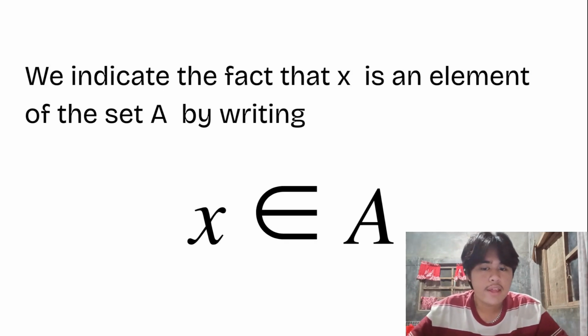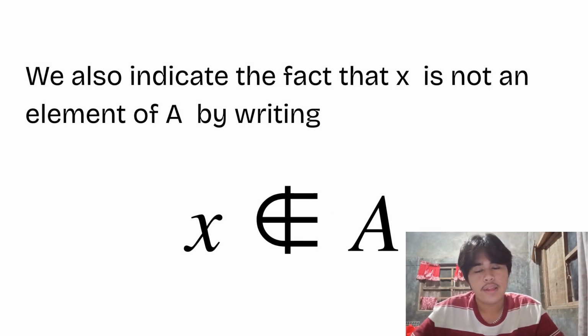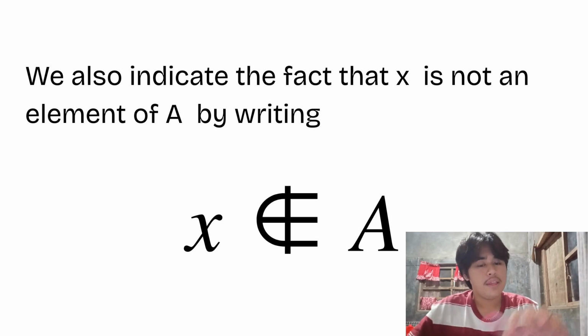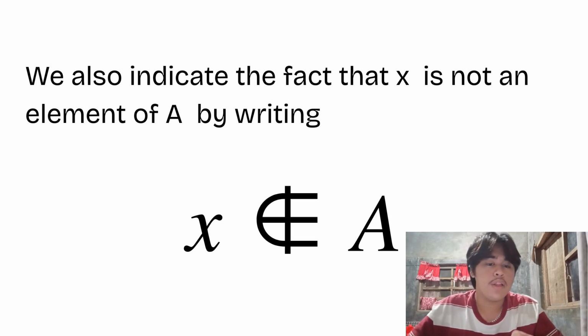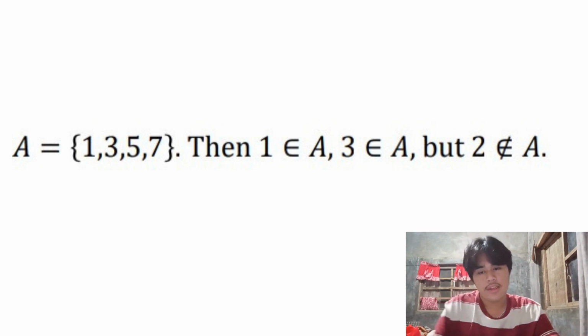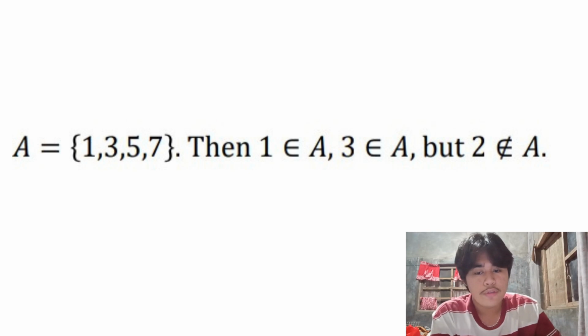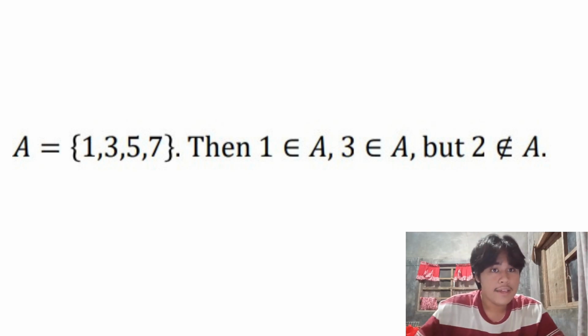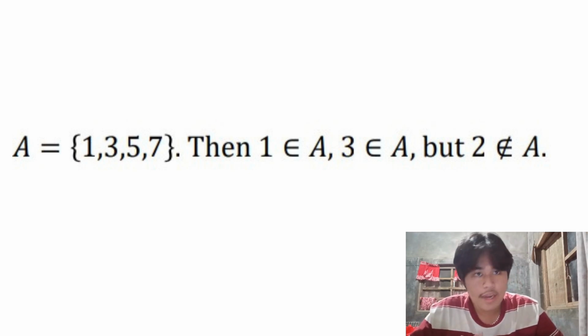We indicate the fact that x is an element of the set A by writing x, then the element-of symbol, which means element of A. We also indicate that x is not an element of A by writing x, then the element-of symbol with a slash, or not an element of A. For example, A equals {1, 3, 5, 7}. Then 1 is an element of A, 3 is an element of A, but 2 is not an element of A.